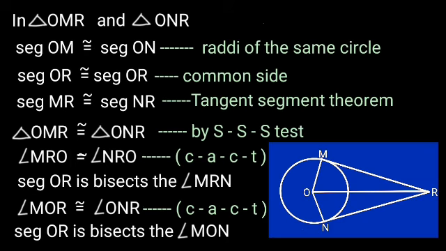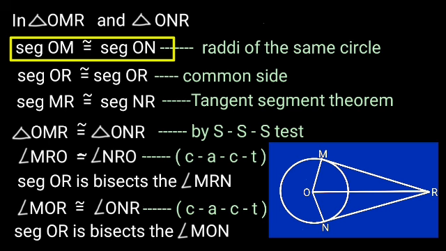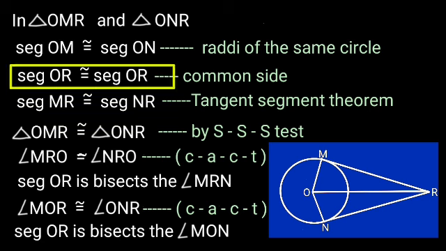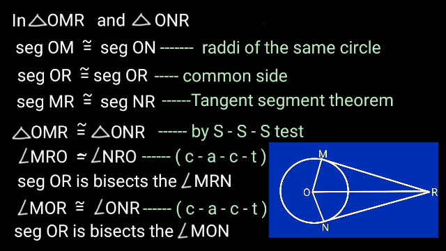In triangle OMR and triangle ONR, segment OM is congruent to segment ON because they are radii of the same circle. Segment OR is congruent to segment OR, a common side. Segment MR is congruent to segment NR because of the tangent segment theorem.